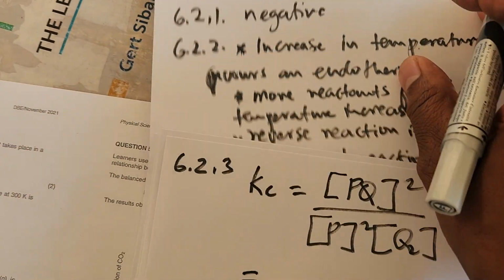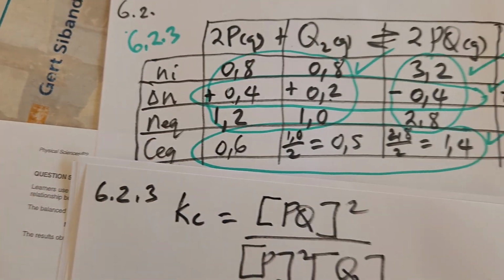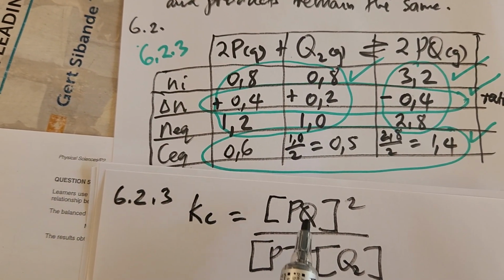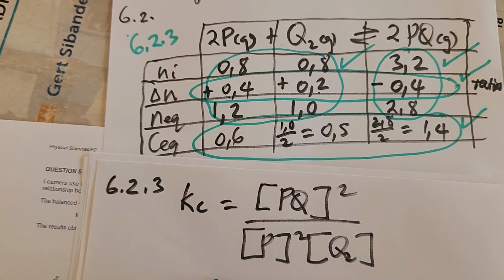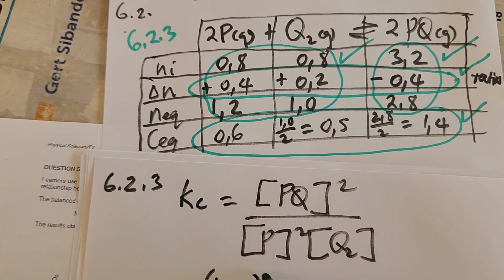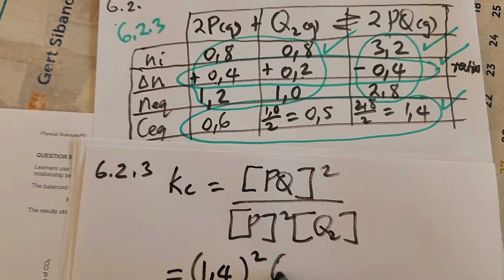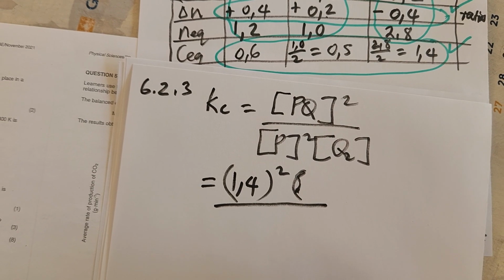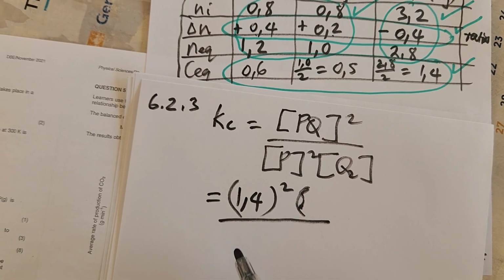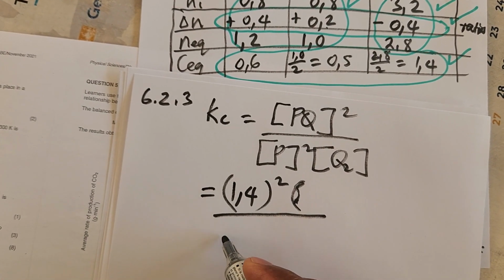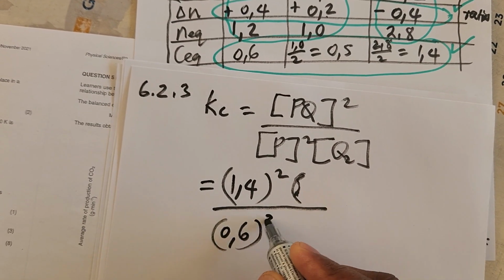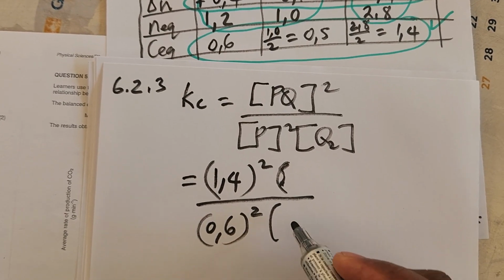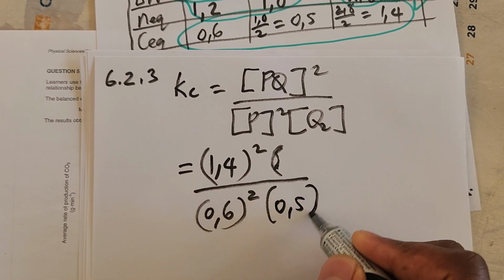Then according to the table here, the equilibrium concentration of PQ is 1,4, then squared, we change the bracket, in this case, divide by, and then the reactants are P, which is 0,6 squared, and then we have got Q2, which is 0,5.